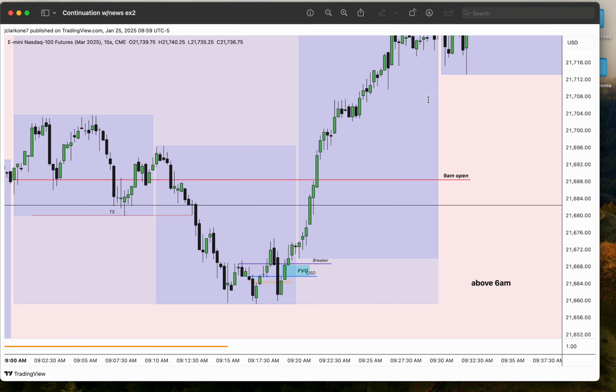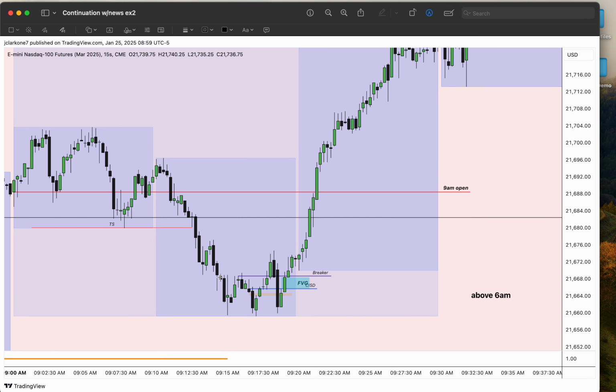So if you zoom in on the 15-second, the turtle soup, we have the inversion, the CISD, the breaker, and then we have a fair value gap and a couple other fair value gaps that don't get tested. And then we just continue up.